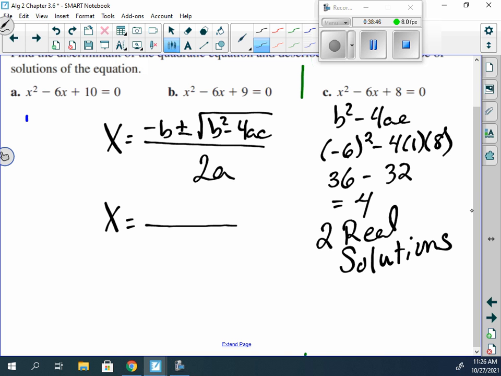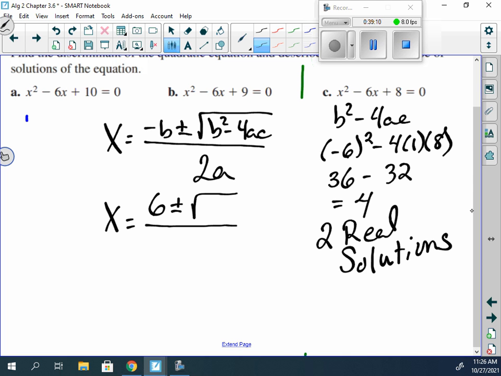Well, for us here, b is negative 6. So negative b would be positive 6 because we're changing the sign from negative to positive. Negative b, negative, negative 6 would be positive 6. Plus or minus the square root. Well, we would do b squared minus 4ac, yes?